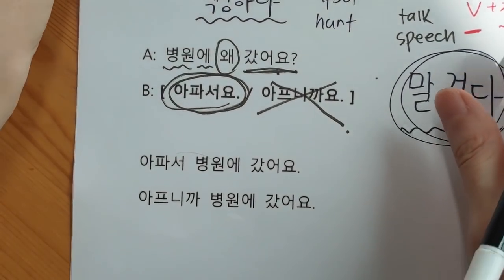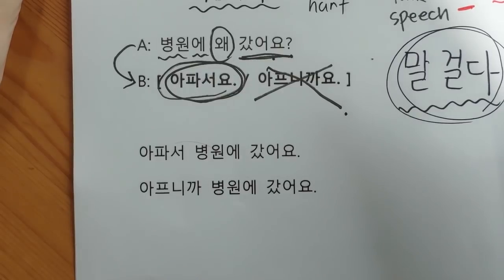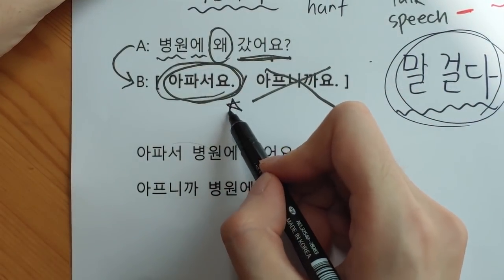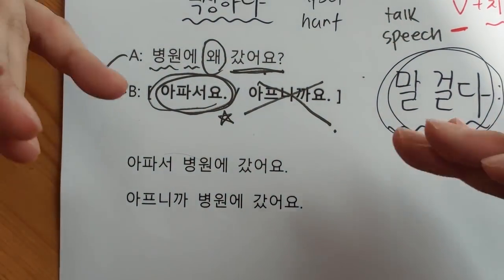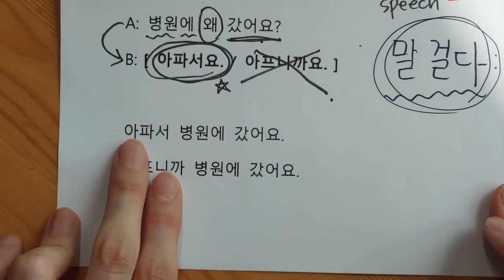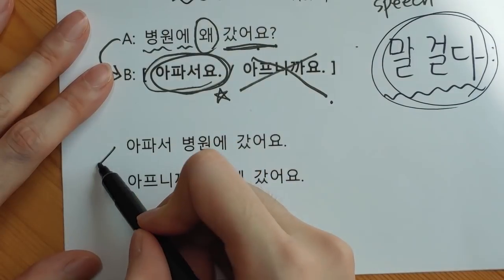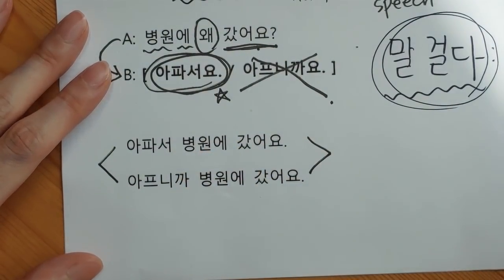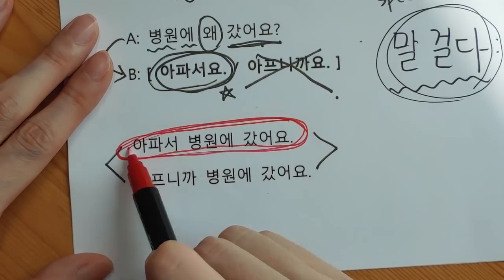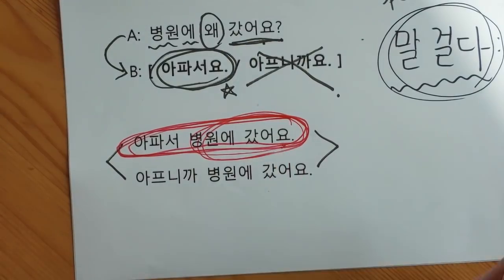Here, she's asking a reason for you going to the hospital, the general reason, right? So in this case, you can say 아파서요, because I was sick, not 아프니까요. So 아파서 병원에 갔어요 and 아프니까 병원에 갔어요 both mean the same thing, but this one is a lot more frequently used when you're talking about a general reason for your action or for the result sentence.